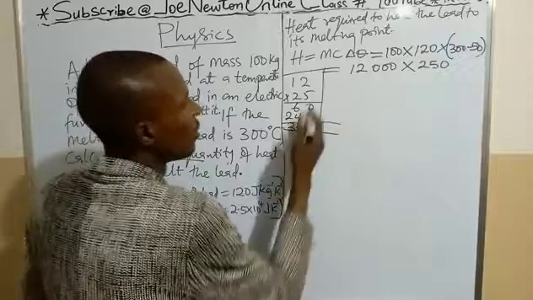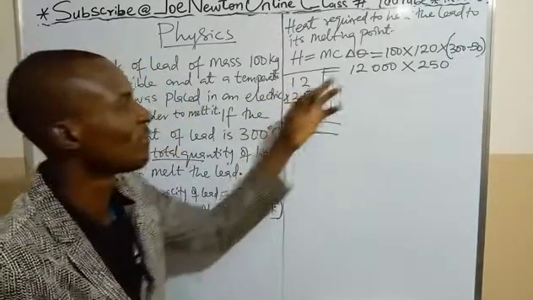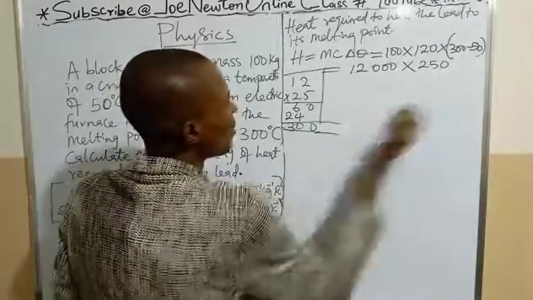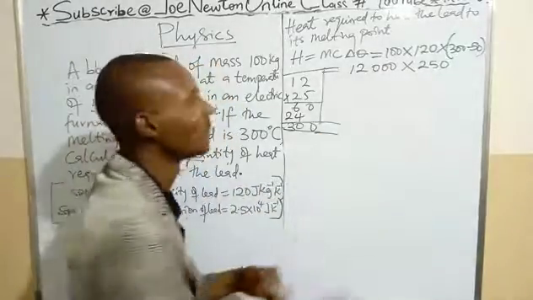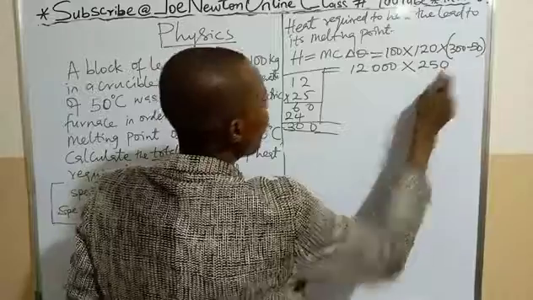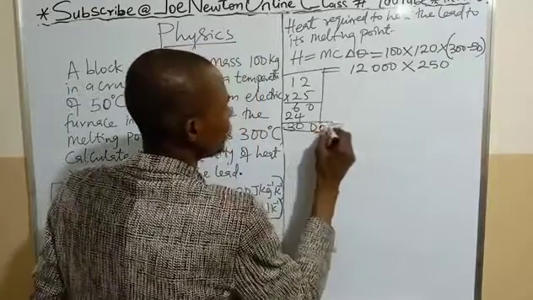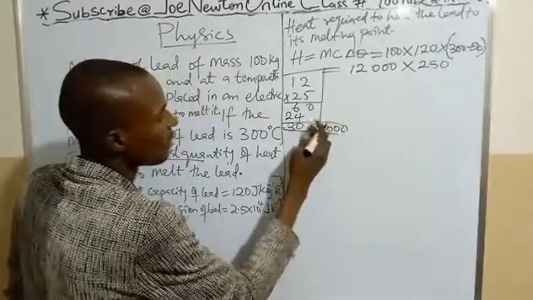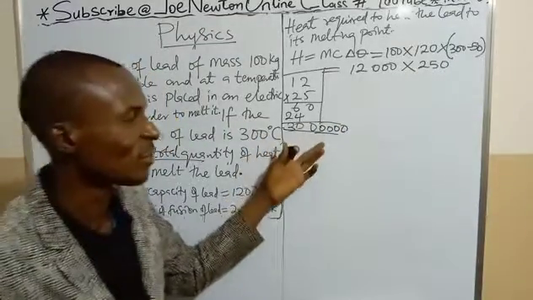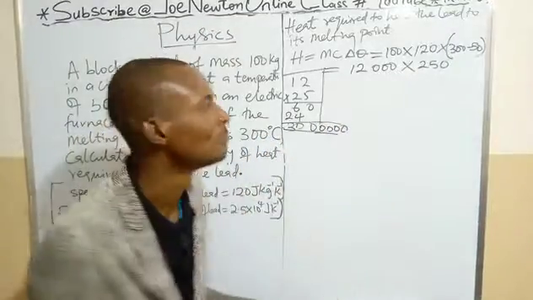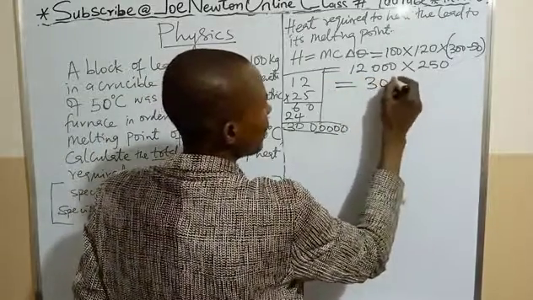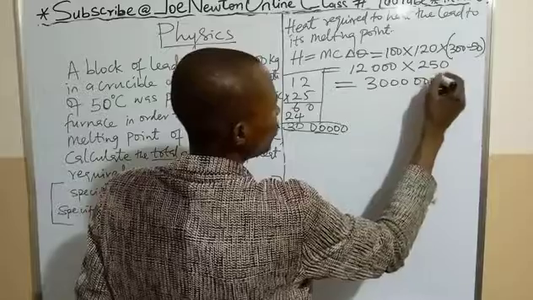Now, having obtained 300 from the product of 12 and 25, the key numbers there, then the zeros, we just count the zeros and add at the back. That is the short way. 1, 2, 3, 4. To add the 4 zeros. Simple. And that will give us 3,000,000. So the quantity of heat energy supplied in the first instance is 3 million joules.